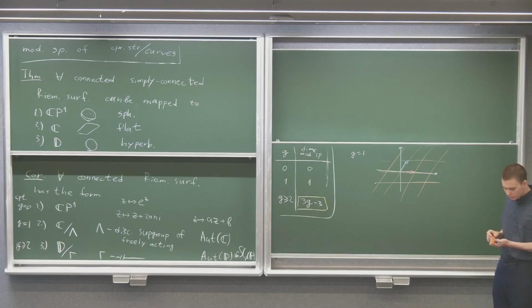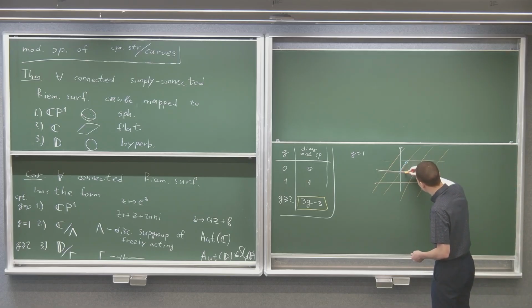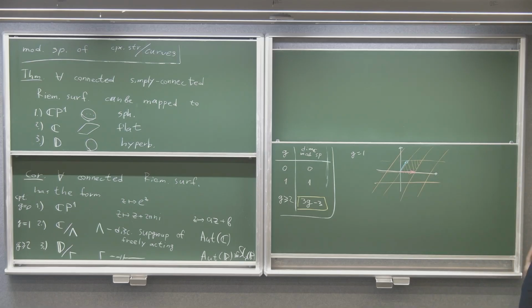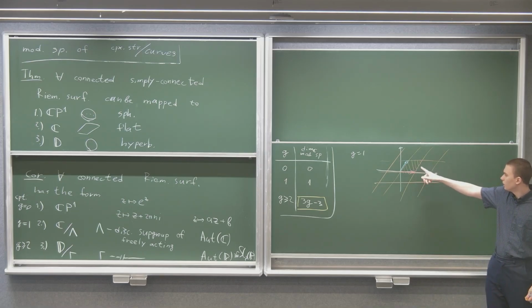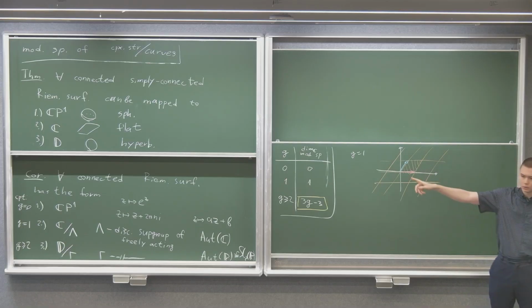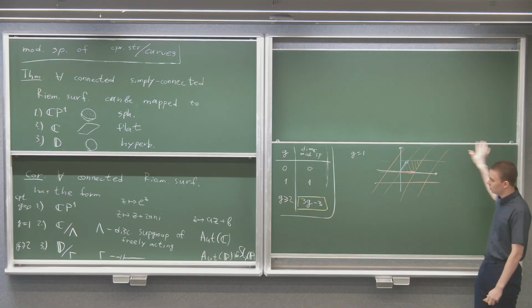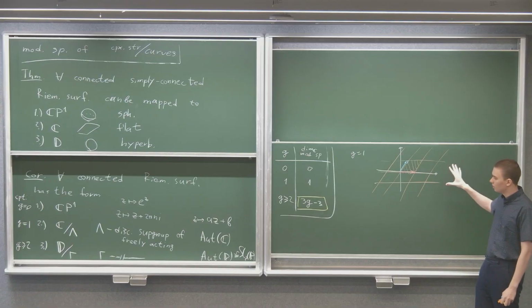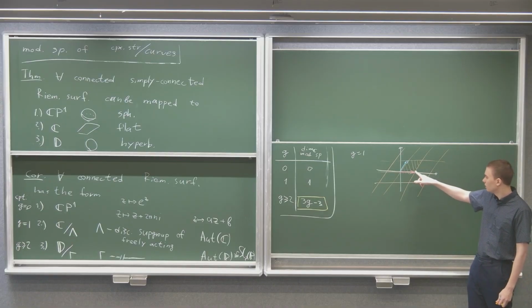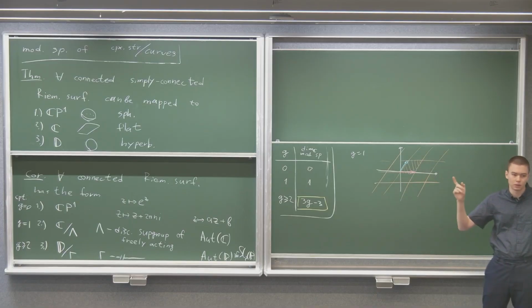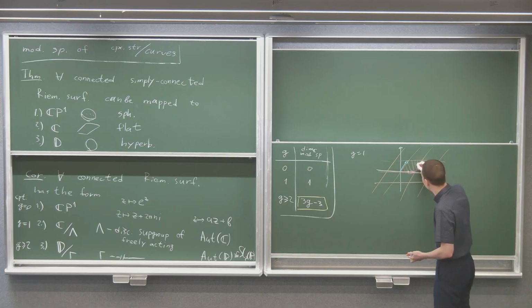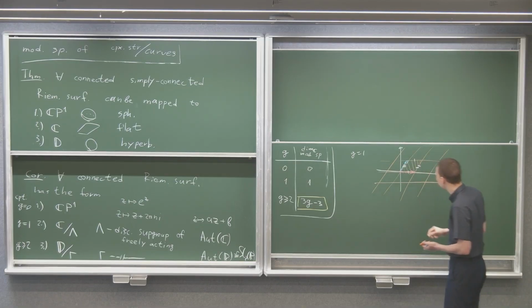We can look at this part here and say that this is our fundamental domain for our Riemann surface of genus 1. It has the following property: every point in C has a representative inside this parallelogram. So this side is equal to this side, and this is equal to this.